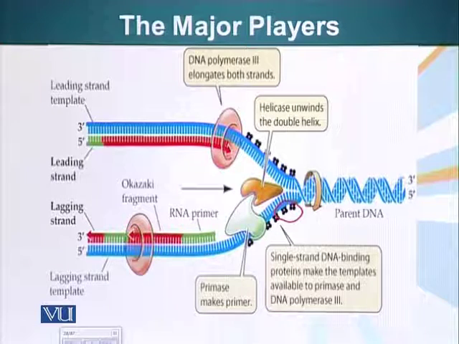So as you can see in the diagram, we have some issues regarding replicating DNA. One strand can be made without any problems because the synthesis of this DNA strand is in the direction in which DNA molecule is opening or separating.